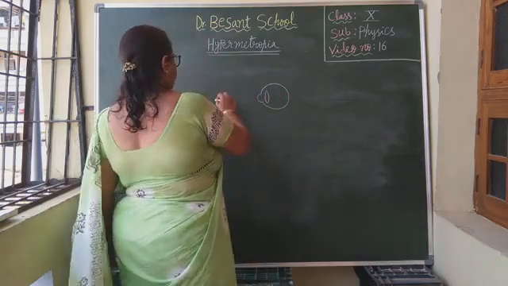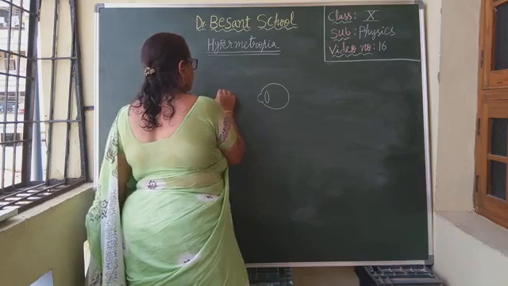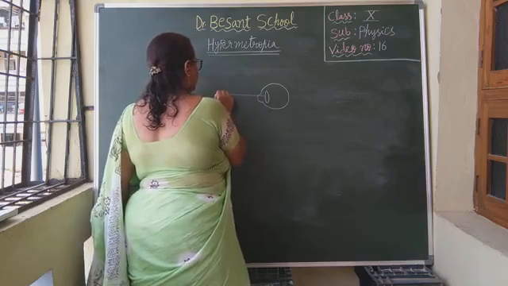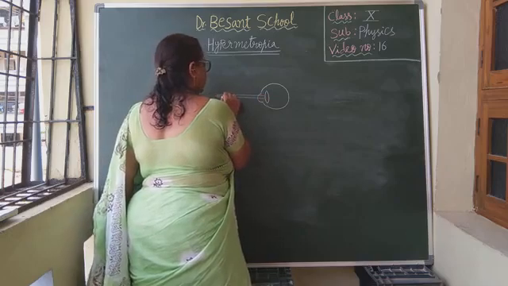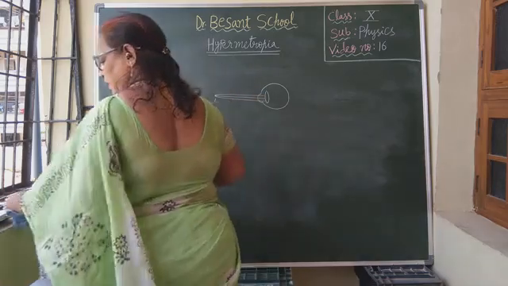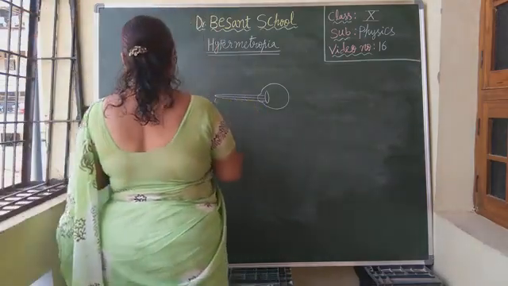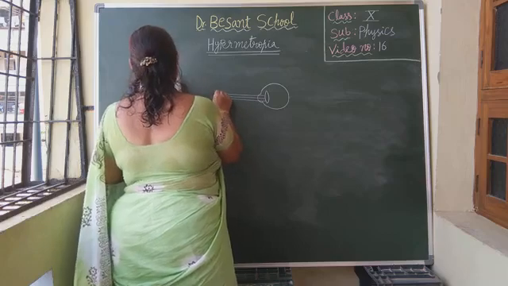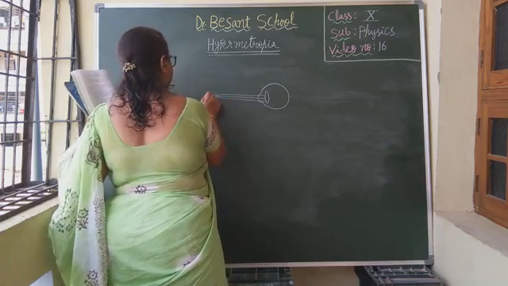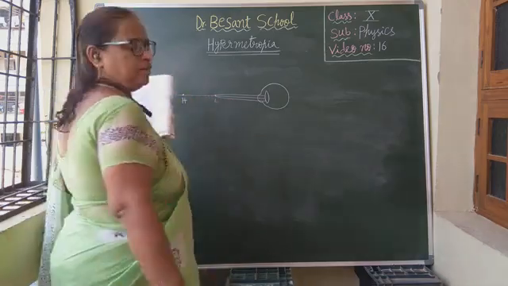Let us consider the object at the least distance of distant vision. The object is placed here, and this is H. What is meant by H?